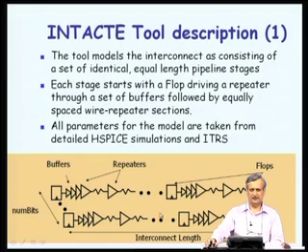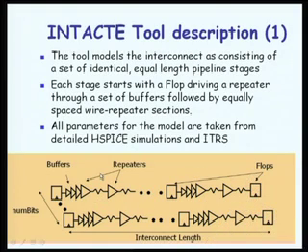So, this just explains the various terms. The tool models the interconnect as consisting of a set of identical, equal length pipeline stages. These are the various stages; here is one stage, then there is another, a third, etcetera.